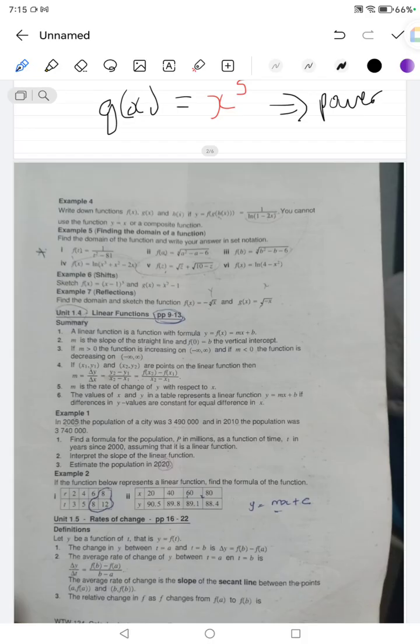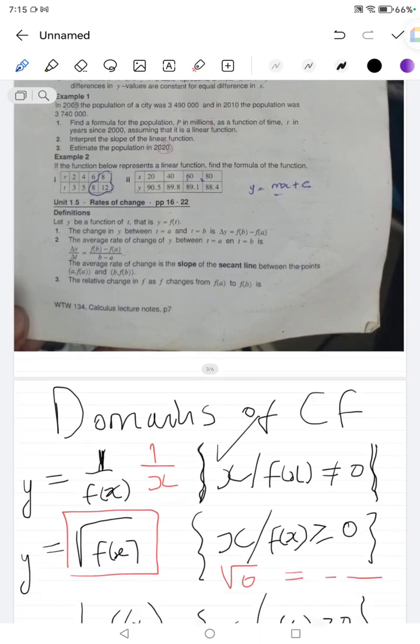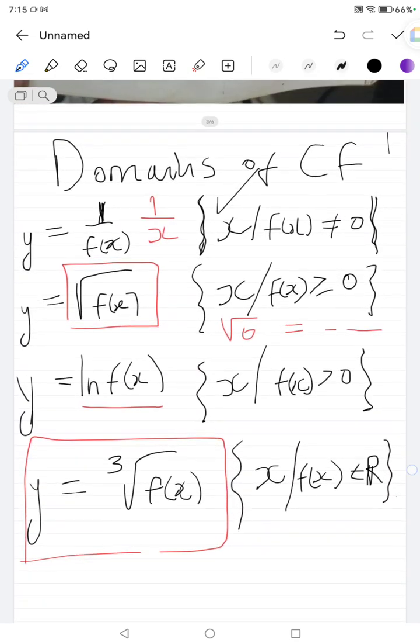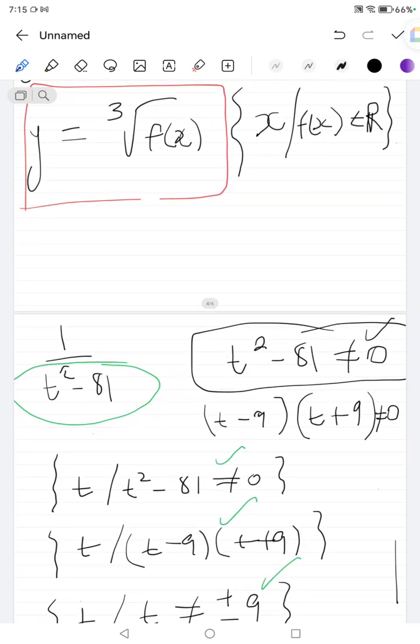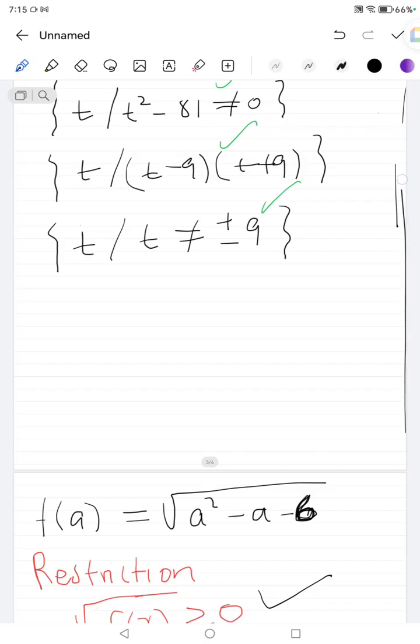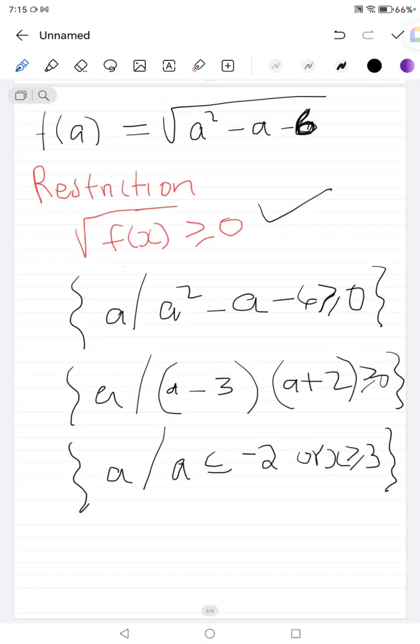Okay, this one they're saying it looks like this.